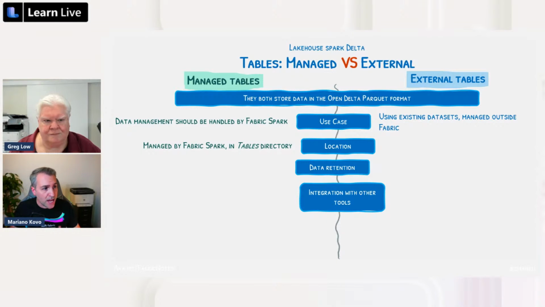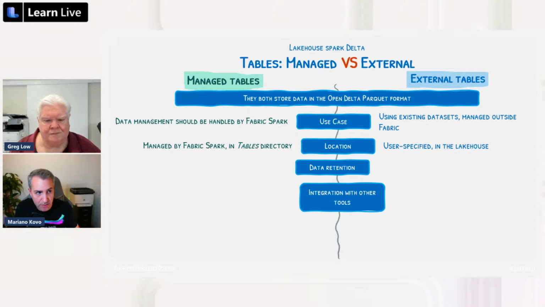In terms of location, all the tables that you create as managed tables will be created in the tables directory. This is a specific directory that resides in Microsoft Fabric. In the case of external tables, you as a user will be specifying the location for those files, okay?